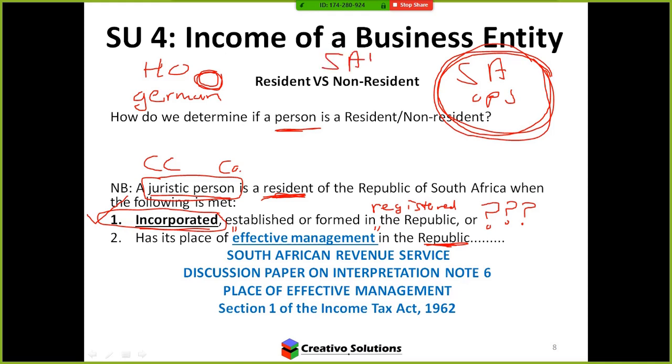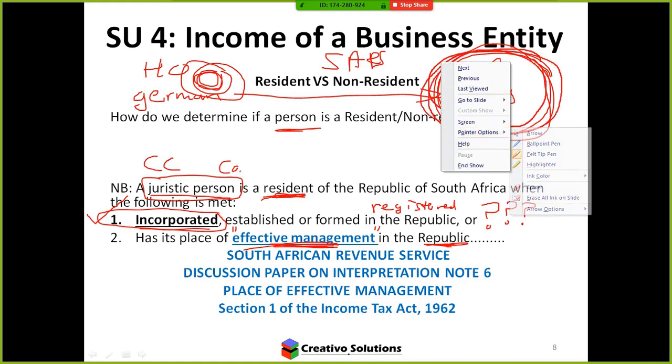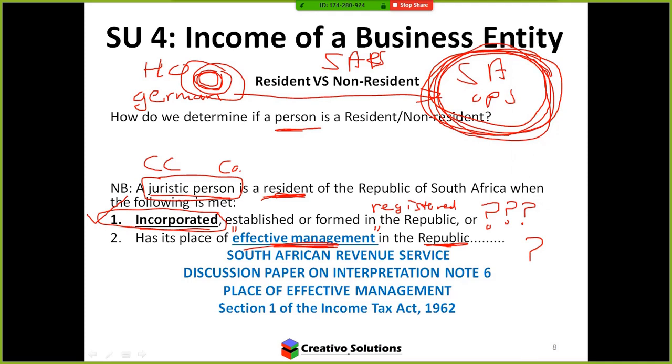SARS might say, based on effective management, do the managers there effectively manage that whole organization, or does this organization effectively manage the organization? And that determines if it's a resident or not.